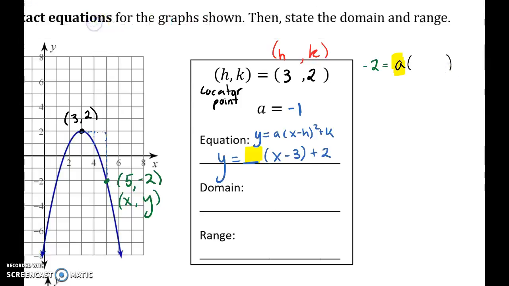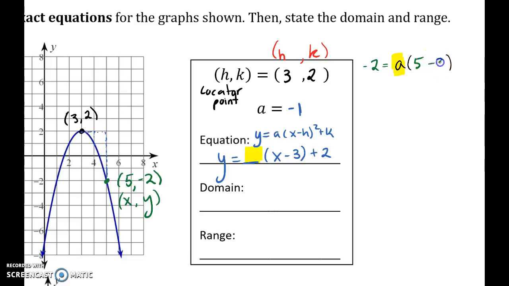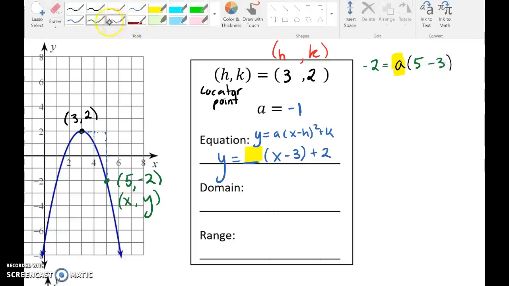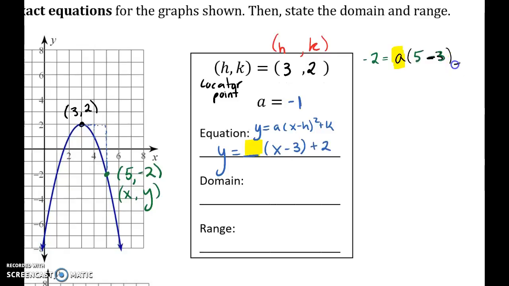Times x, which is 5, minus our h, 3, plus 2. And we can't forget our square. I forgot it down here. Sorry. All right, so 5 minus 3 is 2, and 2 squared is 4.